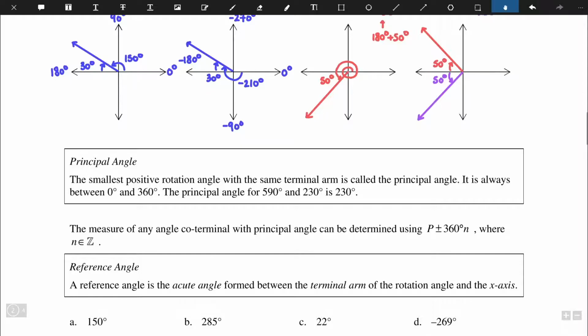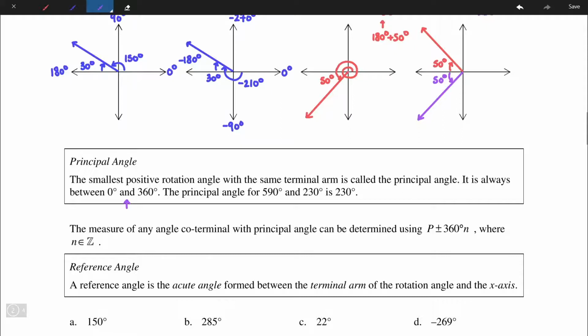So for example, the principal angle of 590 degrees is 230 degrees. Likewise, the principal angle of 230 degrees is also 230 degrees. The one thing to keep in mind is that principal angles are between 0 and 360 degrees, so the smallest positive of the coterminal angles.